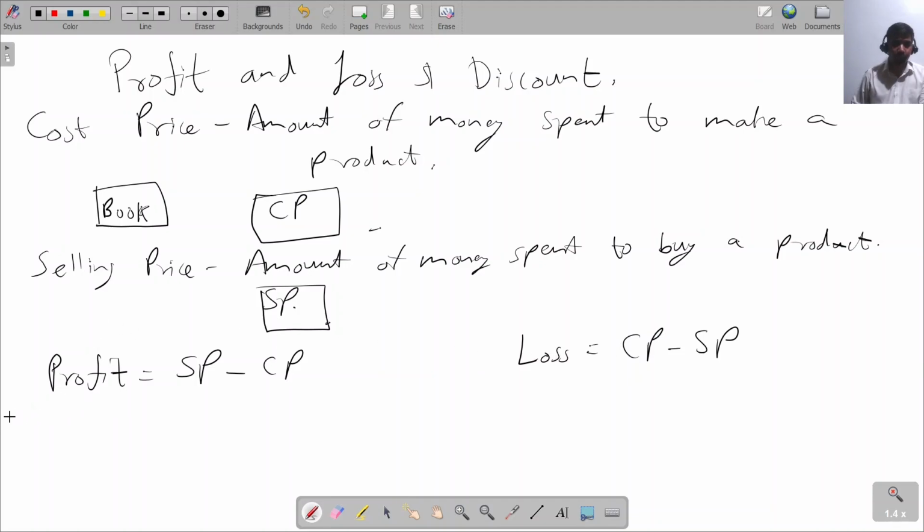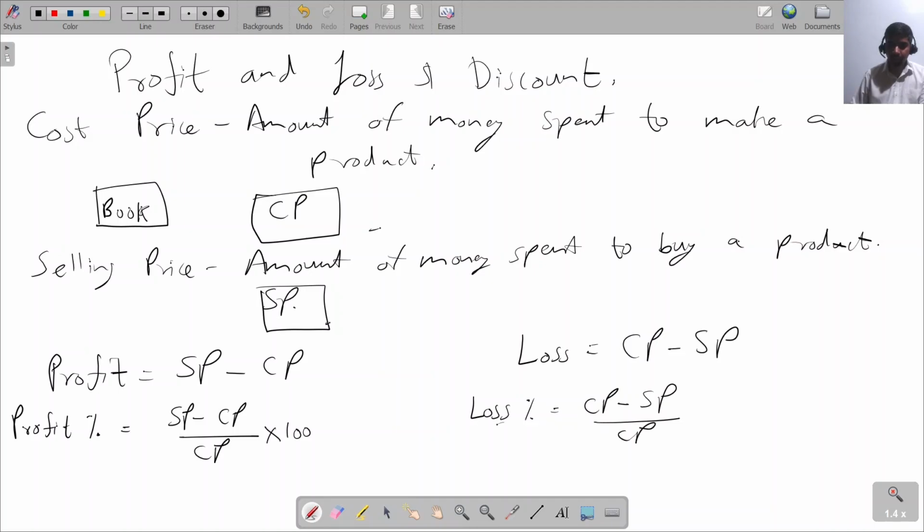The next formula is profit percent. Profit percent is selling price minus cost price upon cost price into 100. Similarly, we have loss percentage. What is loss percentage? CP minus SP upon CP into 100.